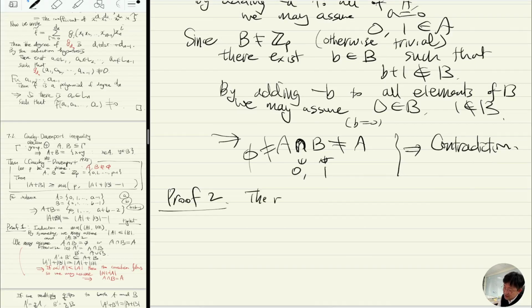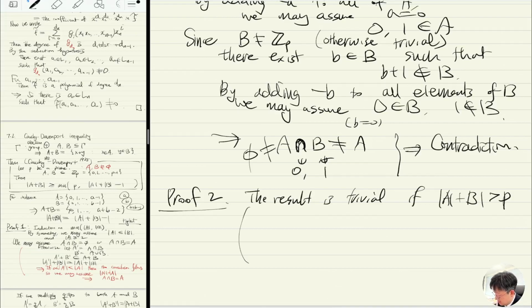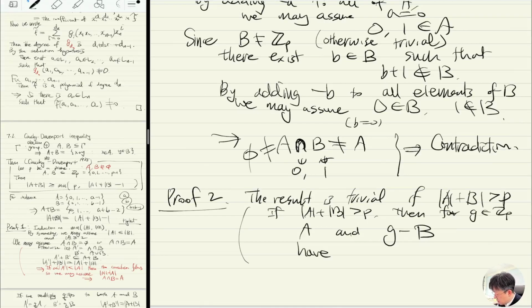So the result is trivial if |A| plus |B| is bigger than p. Why? Because if |A| plus |B| is bigger than p, then A and g minus B, for every g in Z_p, have a common element.